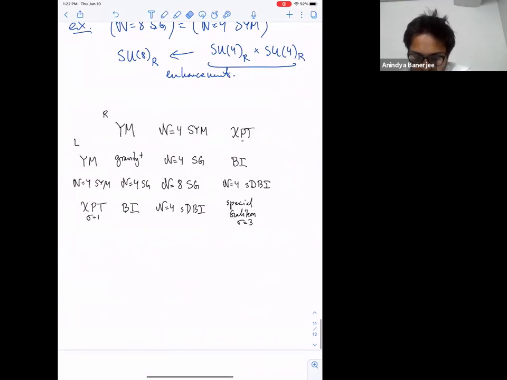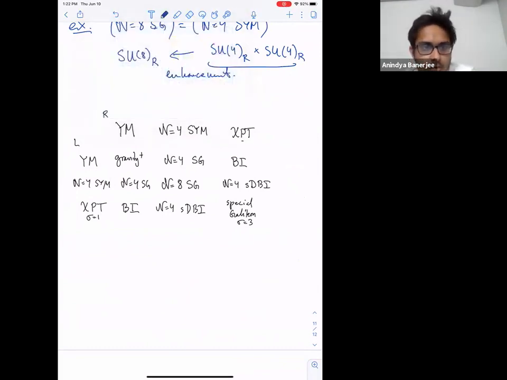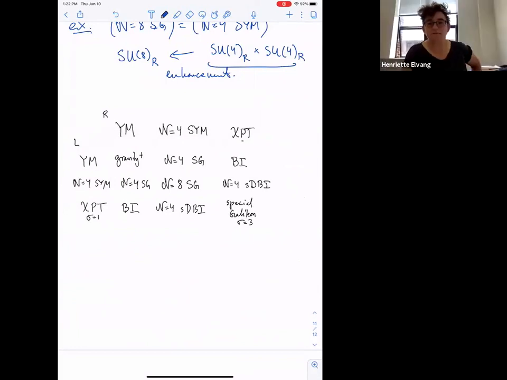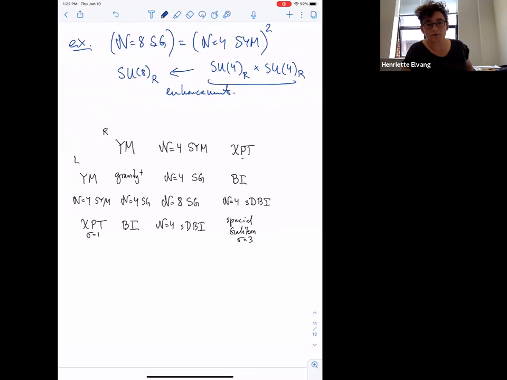Is this a theorem that the symmetry must necessarily enhance? Not a theorem, and it's something that would be hard to prove generally. But the statement that N equals 8 is the double copy of 2 N equals 4 requires this miracle to happen.